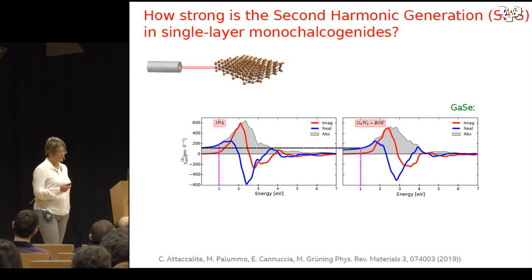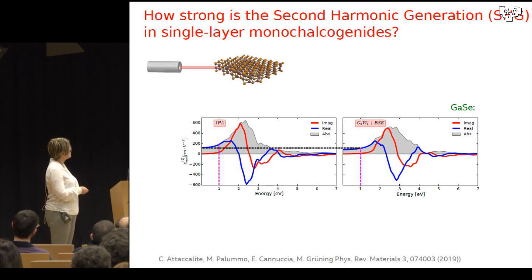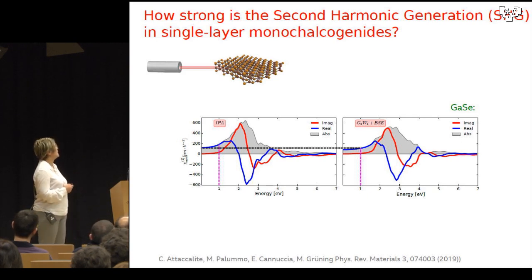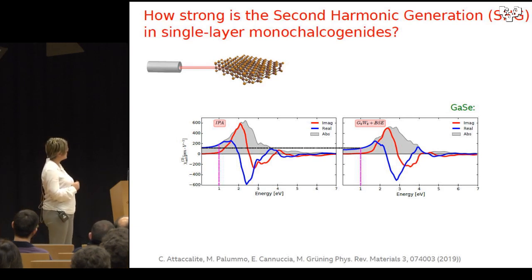So then we calculate the spectra. Here in gray is the absolute intensity, and I also have the imaginary and real component of the second harmonic coefficient.